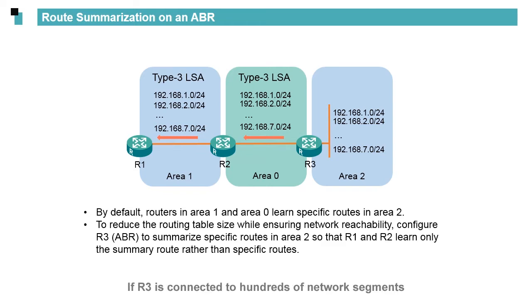If R3 is connected to hundreds of network segments, routes of the corresponding number are added to the routing tables of R1 and R2, which consumes a large amount of memory resources. In this case, we can configure route summarization on R3 to prevent R3 from advertising specific routes of its connected network segments.